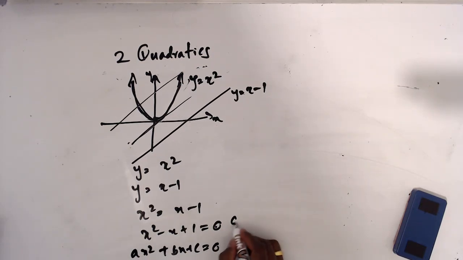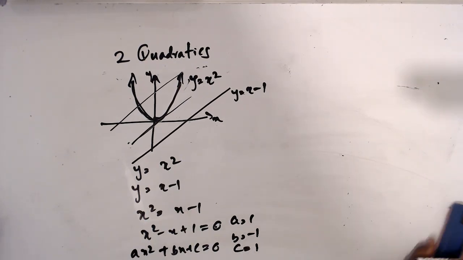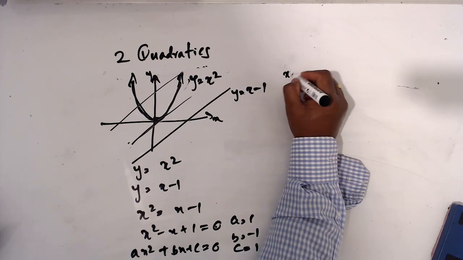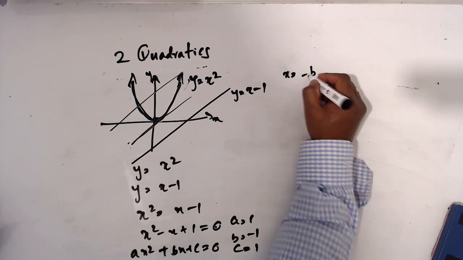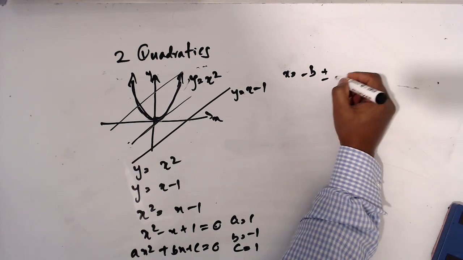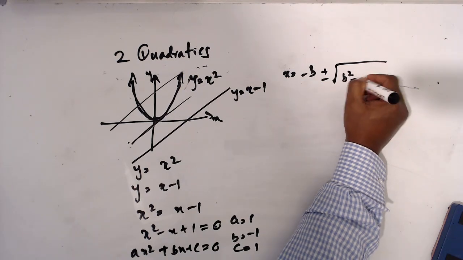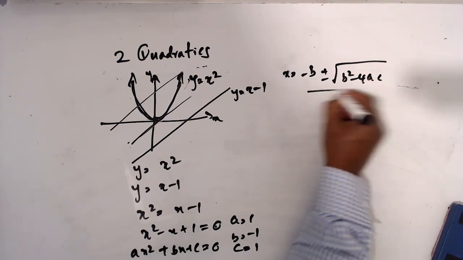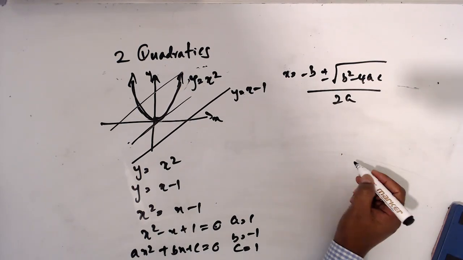Now you can see a equals 1, b equals minus 1, c equals 1. x equals minus b plus or minus the square root of b squared minus 4ac over 2 times a.